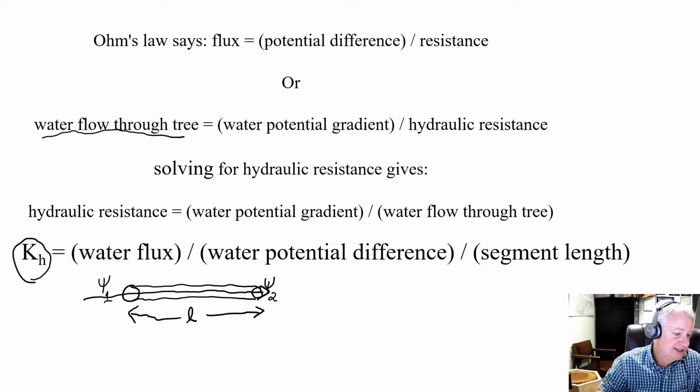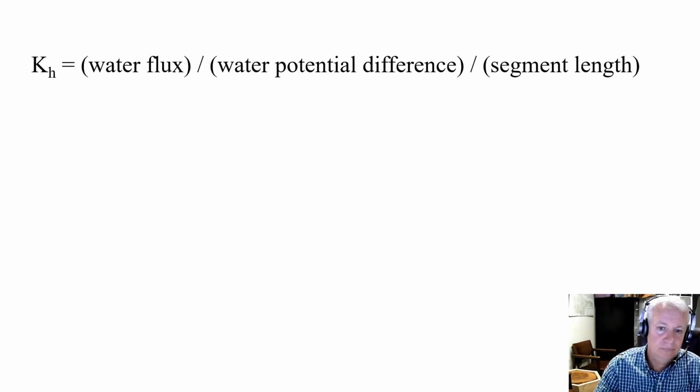Another way to think about it is it takes a larger water potential difference to move the same amount of water through a stem with a lower KH, or a lower hydraulic conductivity. So hydraulic conductivity allows us to think about the relationships between water potential gradients and the amount of water that can flow through a particular segment of xylem.